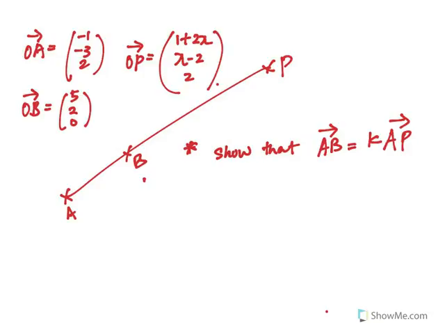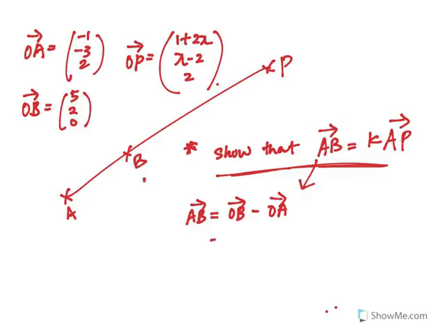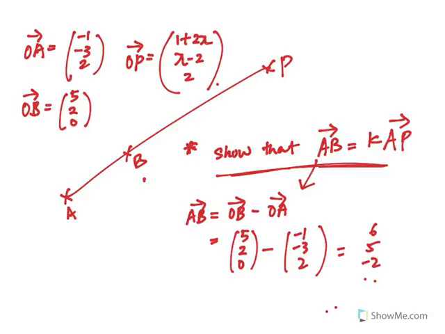Let's first find AB. AB will be equal to OB minus OA, so 5, 2, 0 minus -1, -3, 2. So it's 5 minus -1, I have 6, 2 minus -3, so 2 plus 3, I have 5, 0 minus 2, negative 2.